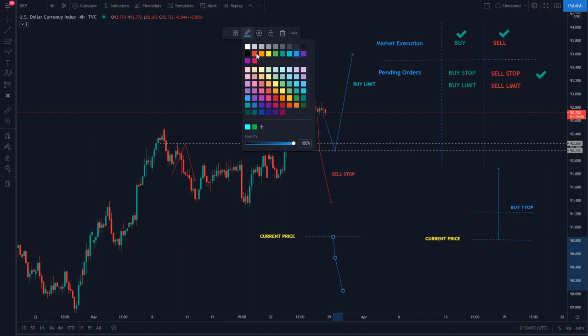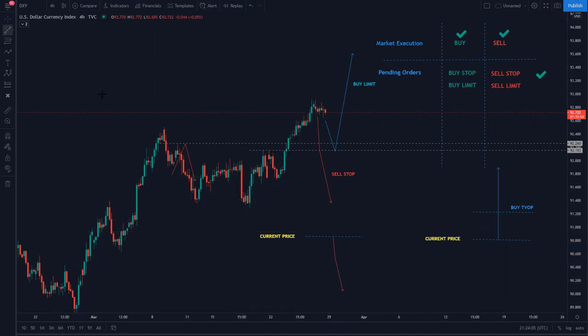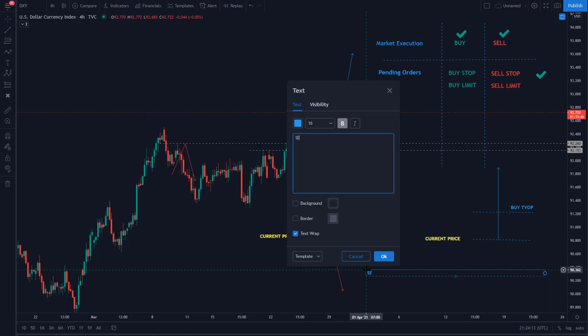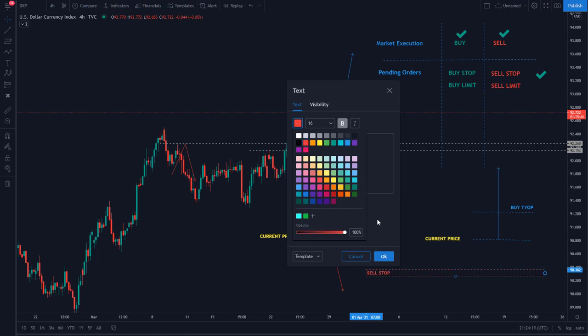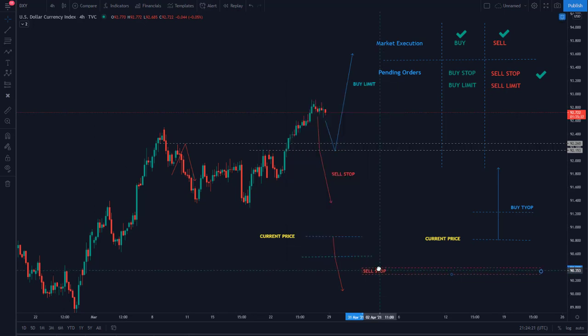This here is a sell stop. Pretty straightforward, right? Hope this makes it easier for you guys after today's class.